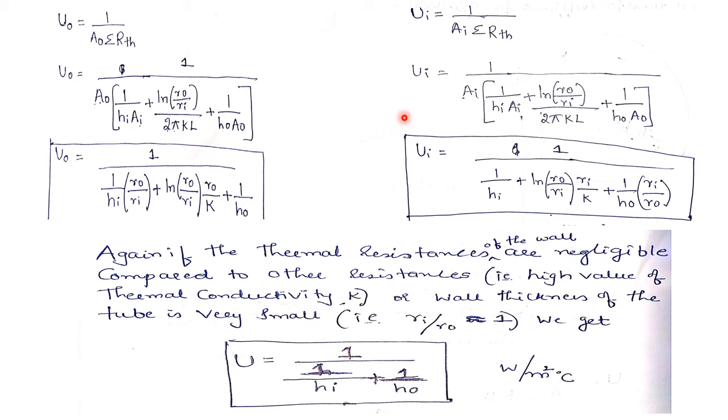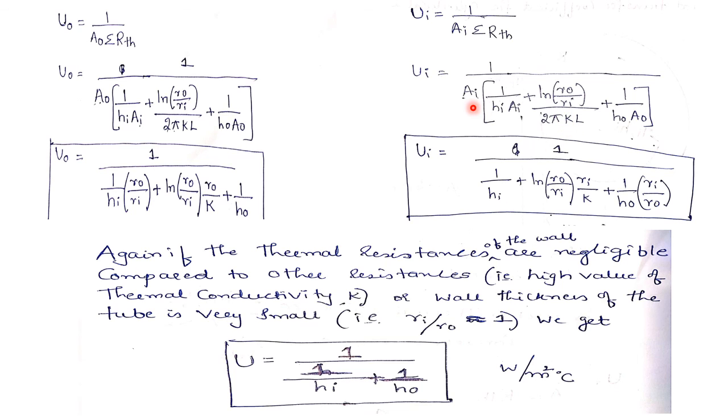So similarly, we will write the equation for overall heat transfer coefficient based on the inside surface area, where Ui is given by 1 divided by Ai as it is into sigma of thermal resistance, where sigma of thermal resistance indicates addition of all the thermal resistances. The same equation we have written here, where Ui is equal to 1 divided by, again here the Ai term gets cancelled, so my final term will be 1 divided by Hi here.